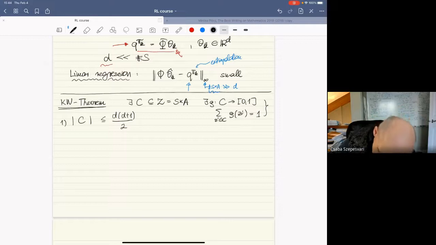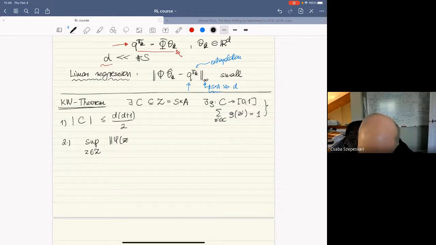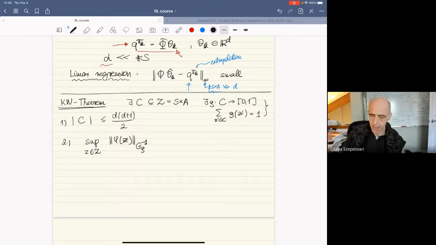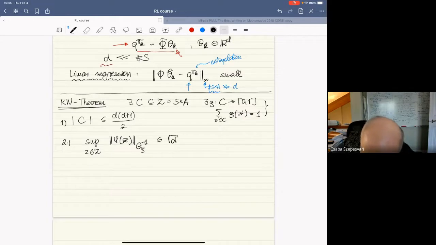And the second nice thing is that a quantity that we will see to be quite crucial, which is this uncertainty measure, the extrapolation error of weighted least squares, at any value in this set Z, which are the state action pairs, is not larger than square root d, where d was the dimension of the features.